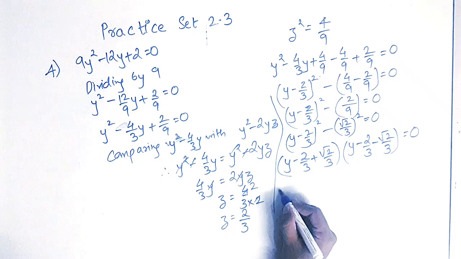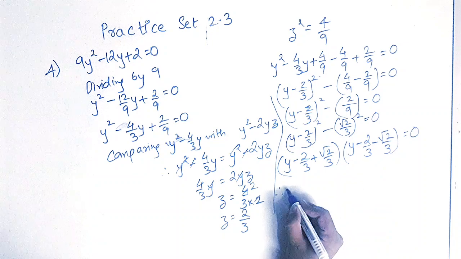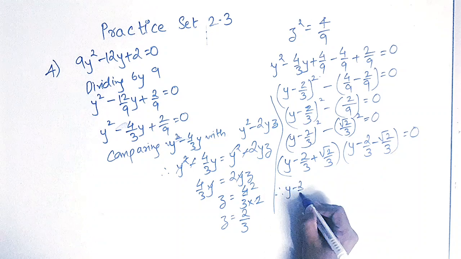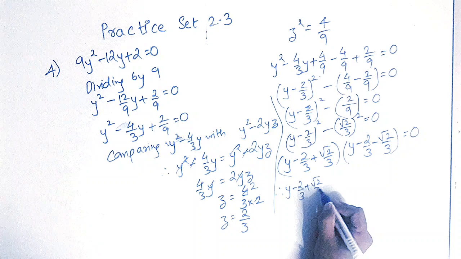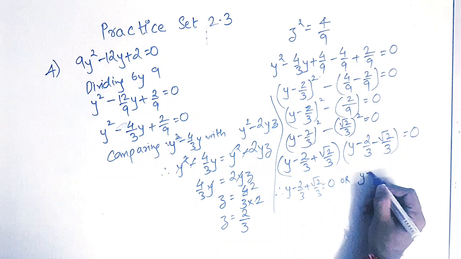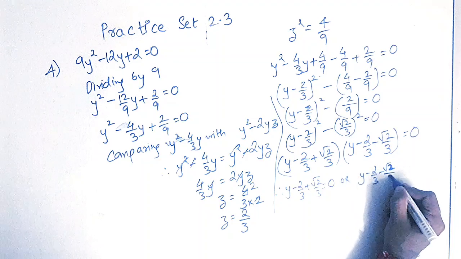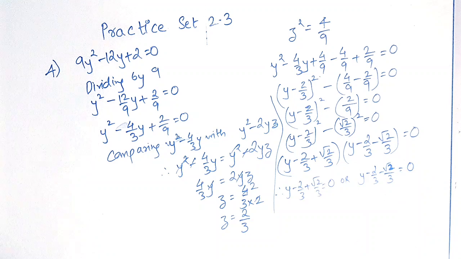Therefore either this bracket is 0 or this bracket is 0, so I'll write y minus 2 by 3 plus root 2 by 3 equals 0, or y minus 2 by 3 minus root 2 by 3 equals 0.